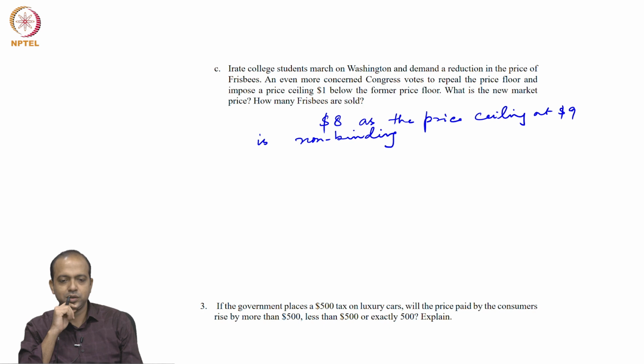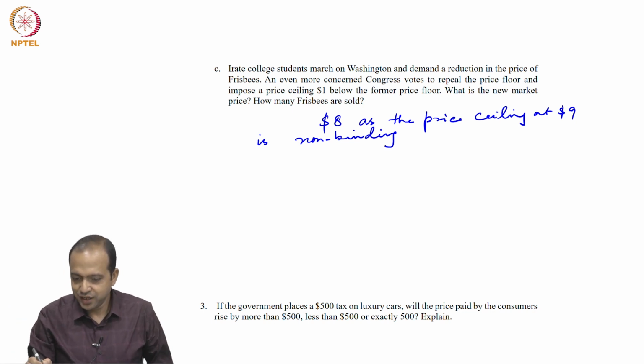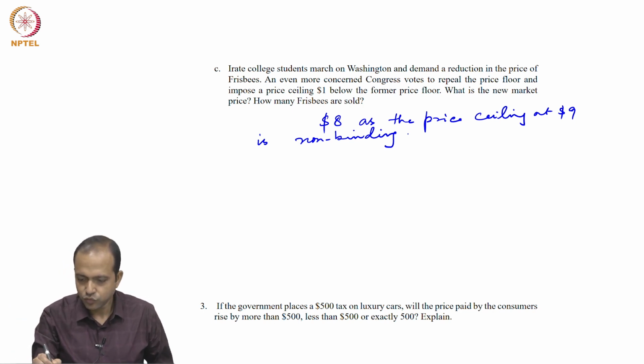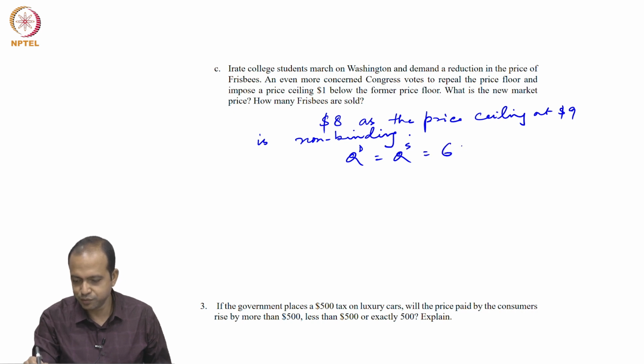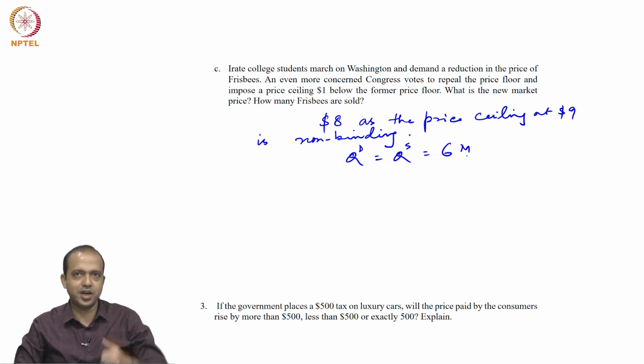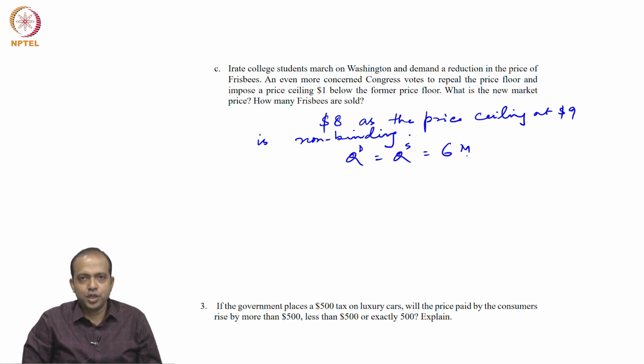Okay, it should be lower. If it is higher, then there is no point. Similarly, for a price floor to be binding, it should be higher than the equilibrium price. That is what we are discussing. Non-binding. So, therefore, quantity demanded equals quantity supplied would be 6 million only, which was there earlier. So, imposition of the price ceiling is not able to change the market outcome, since it is set above the equilibrium price.